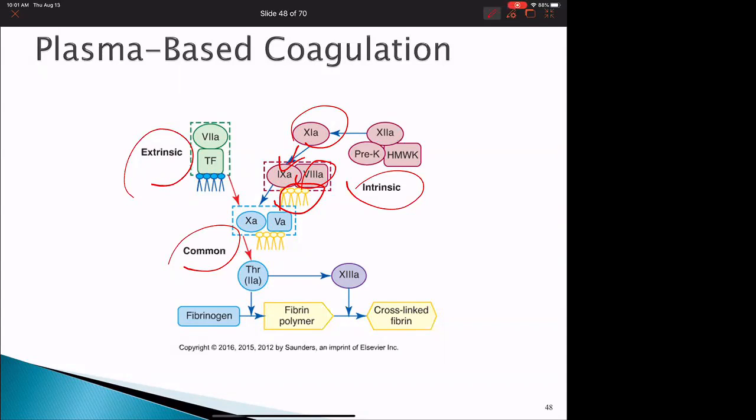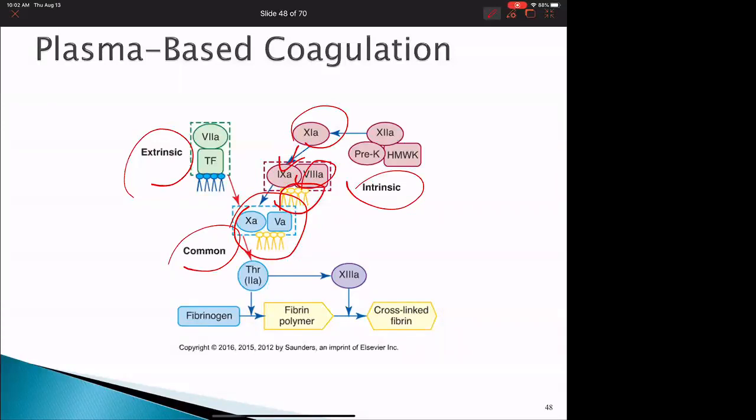This complex, with activated factor 9 and activated factor 8, in turn activates factor 10, which comes together with activated factor 5 on the surface of activated platelets, which will then hit the common pathway, which is thrombin. Thrombin comes in and cleaves fibrinogen to form a fibrin clot, okay?